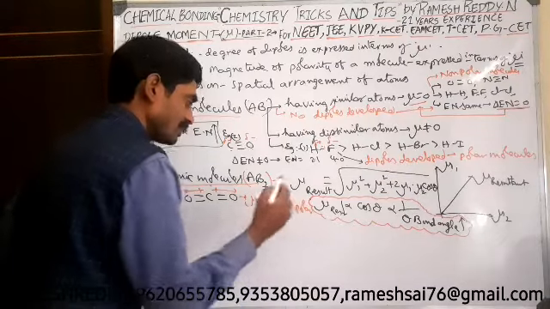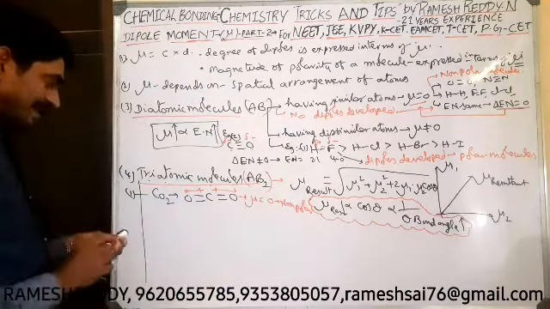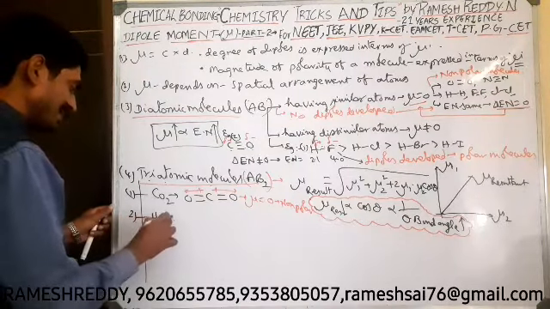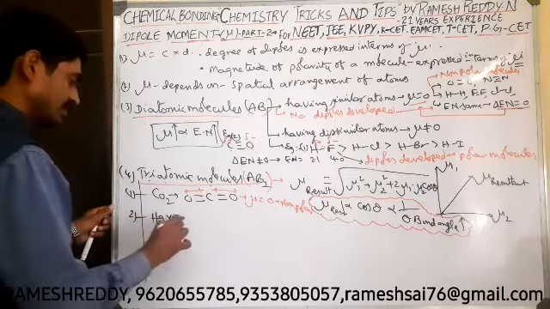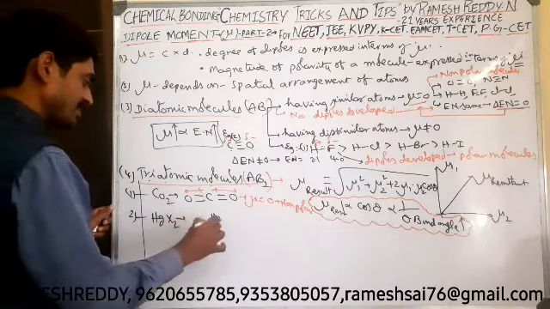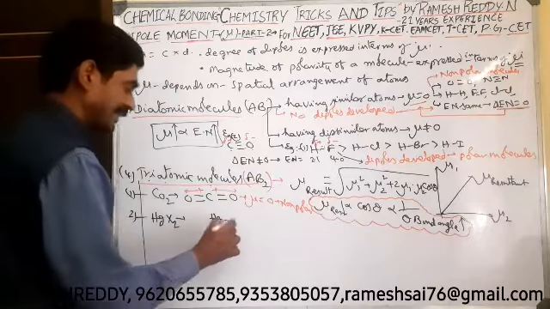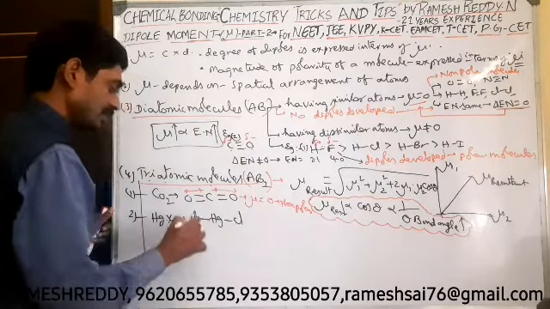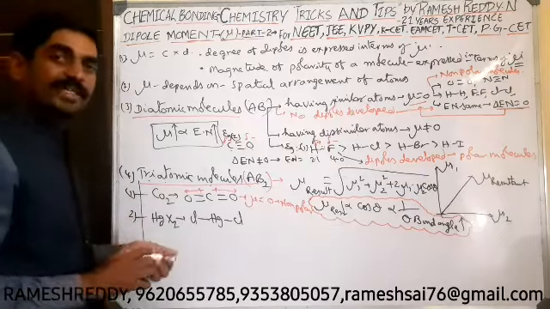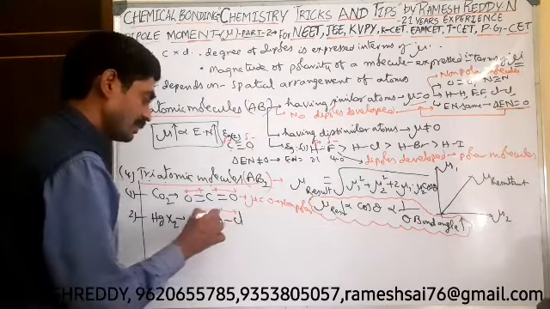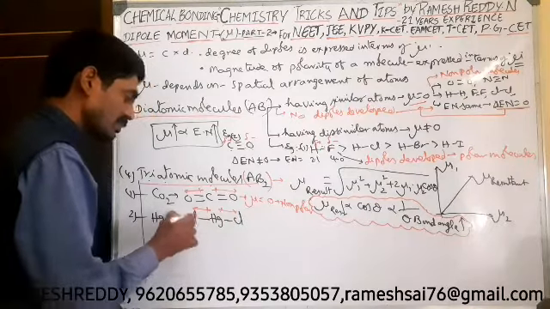Non-polar molecule. Right. Let me take another example, HgX2. Central atom is Hg and the 2 X are halogens, it may be chlorine. Hg is a metal, chlorine is a non-metal with more electronegativity, so the electrons move towards chlorine.